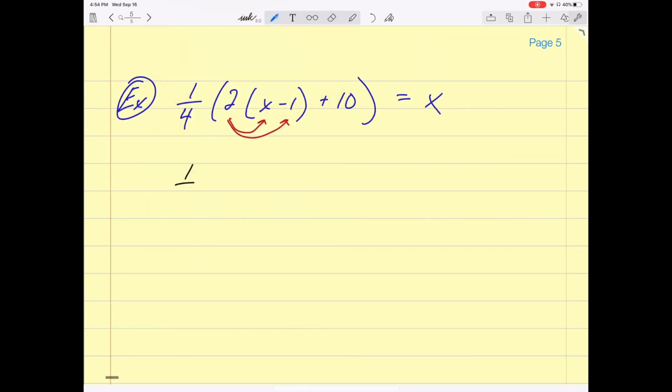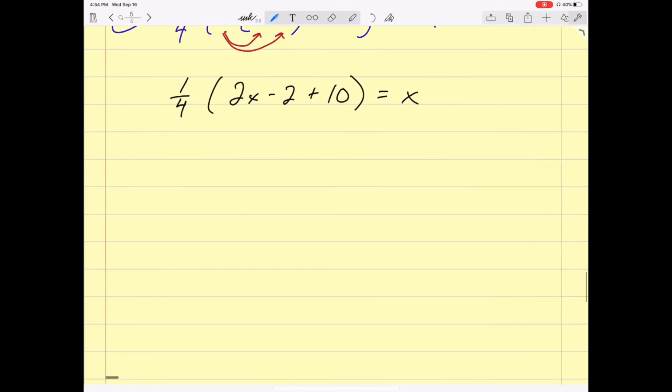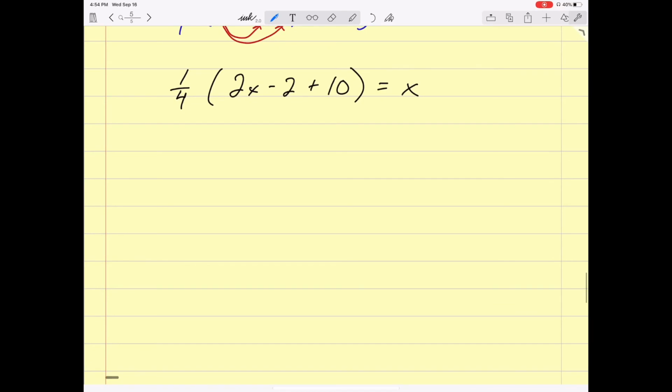So I'd have 1/4 times (2x minus 2 plus 10) equals x. Okay, now we're going to simplify what's in the parentheses. So we have 1/4 times (2x, negative 2 plus 10 is 8) equals x.